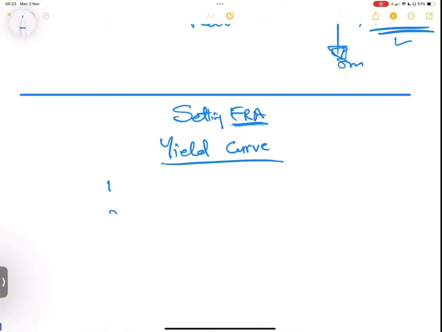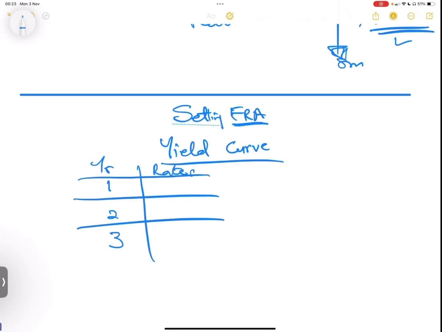Say you have year one, year two, year three, and you're definitely going to have rates for different years. For a bond that is 1 year or a loan that is 1 year, the yield on that bond can be say 3.96, and for year two maybe 4.25, and if you are going for a 3-year tenor bond, say 4.56.